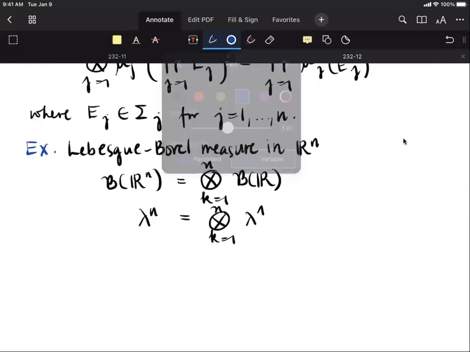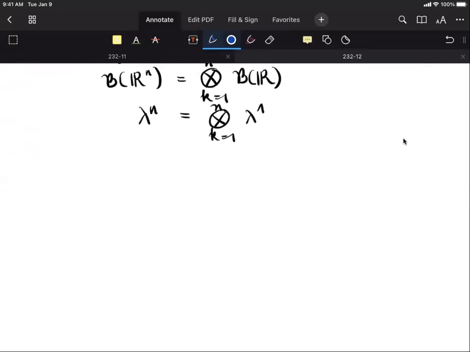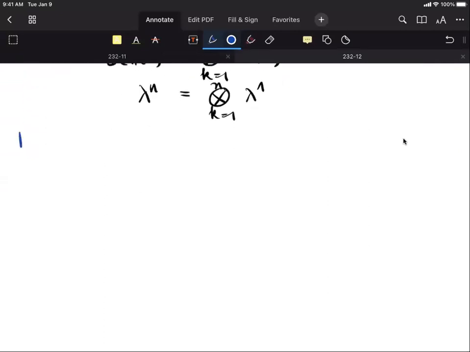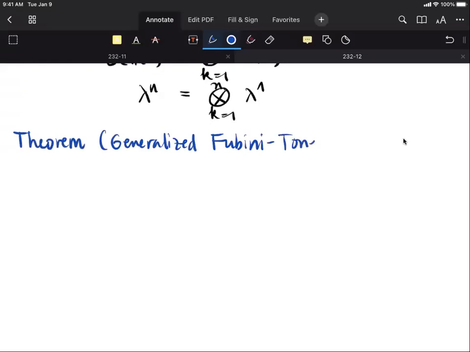So to close this lecture, let me present to you the generalization of the Fubini-Tonelli theorem in the case of finite product measure space.